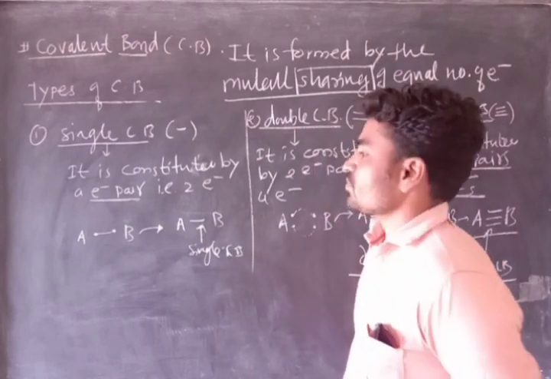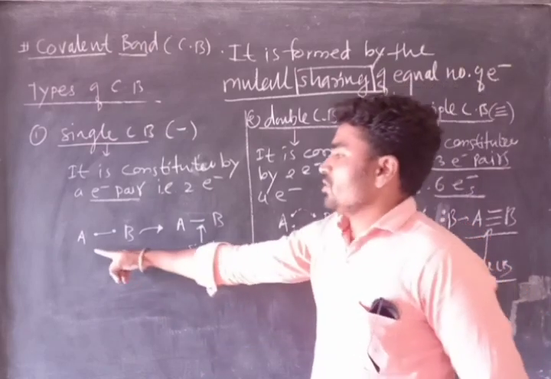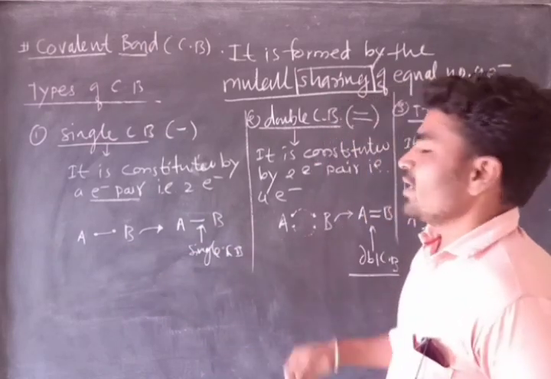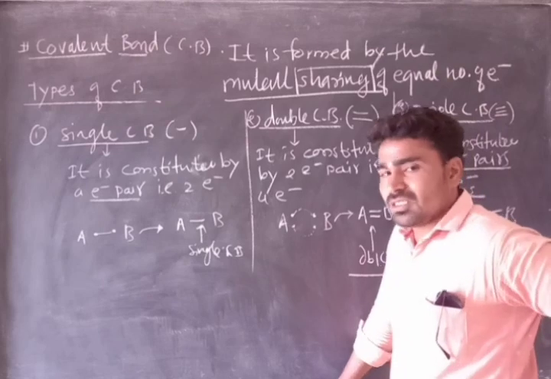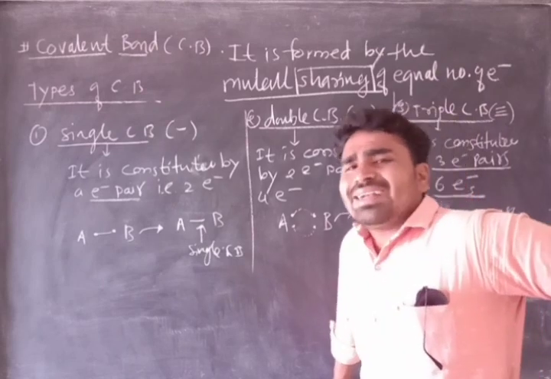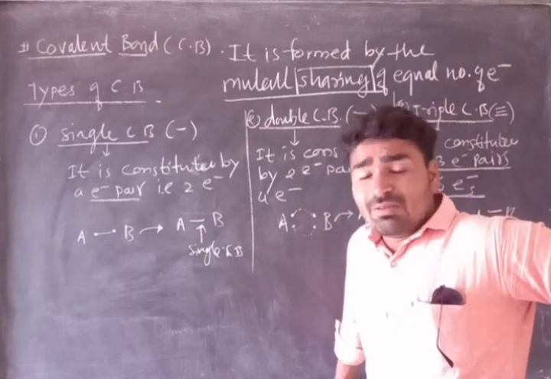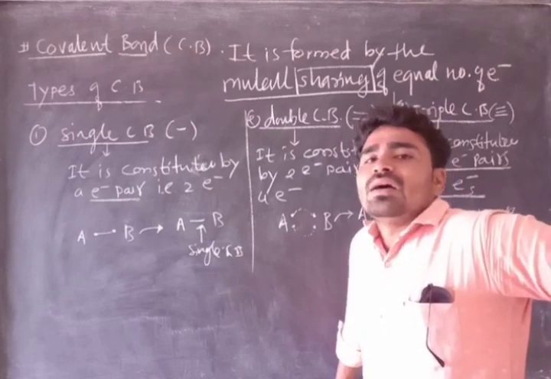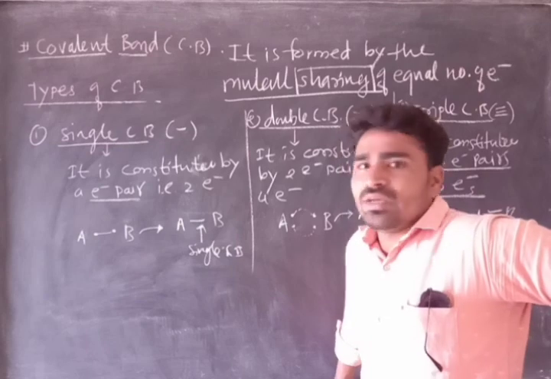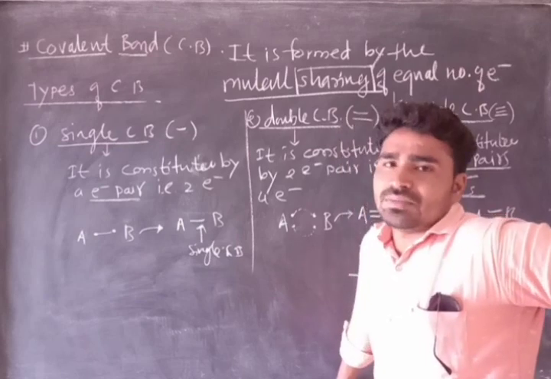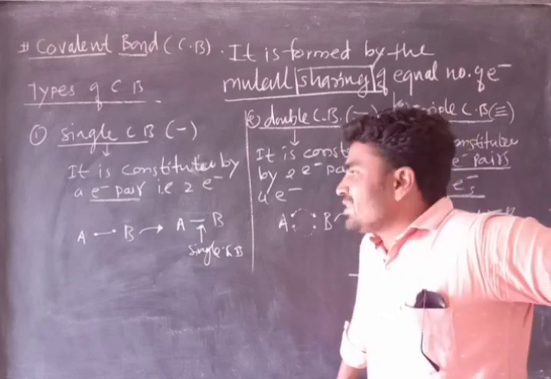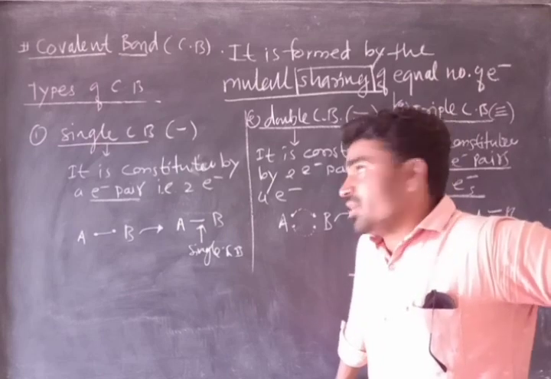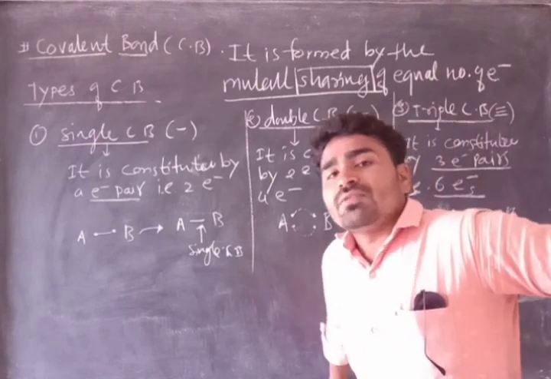But here the electrons are going to be shared between atoms, and because of the sharing of electrons, a kind of attraction force is developed, and this attraction force holds these atoms together. So this is the manner by which the covalent bond is formed.